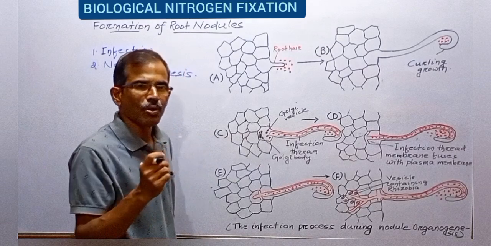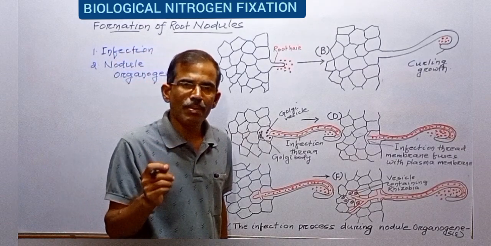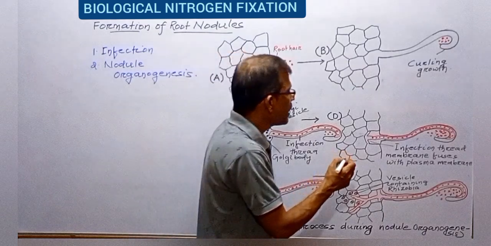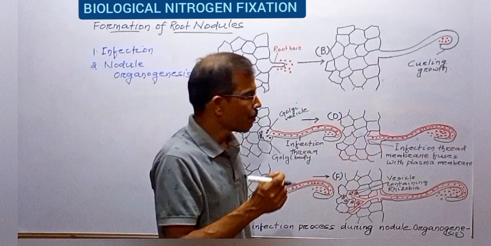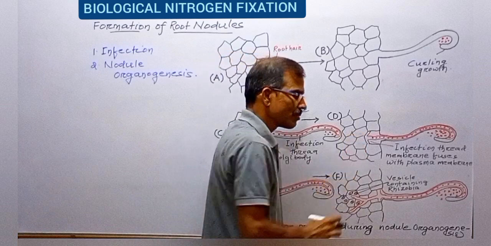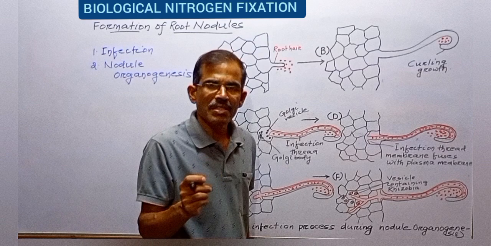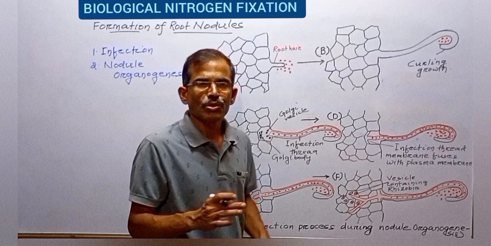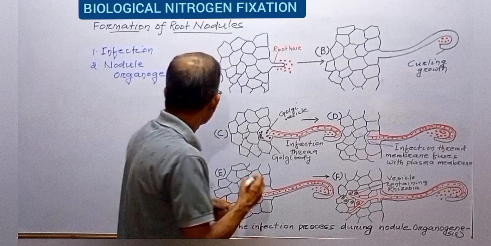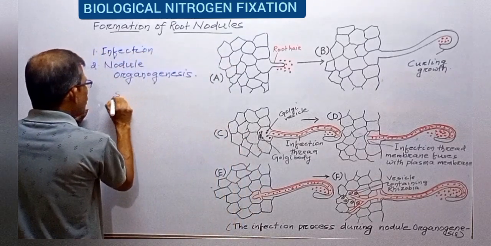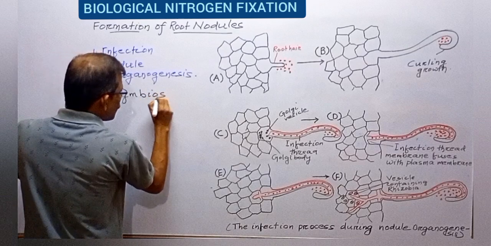The infection thread filled with proliferating rhizobia elongates through the root hair and cortical cell layer towards the nodule primordium. When the thread reaches the nodule primordium, its tip fuses with the cell membrane of the host cell and penetrates into its cytoplasm. Bacterial cells are subsequently released into the cytoplasm surrounded by the cell membrane of the host cell. This results in the formation of an organelle called the symbiosome.